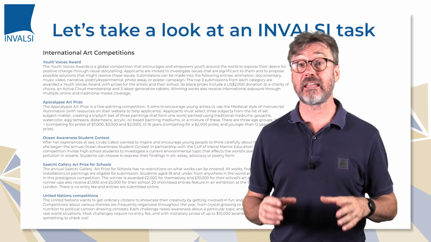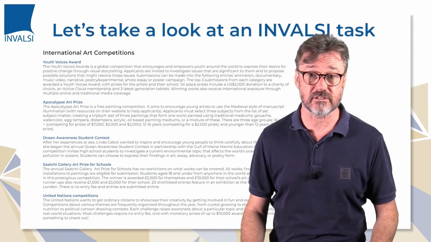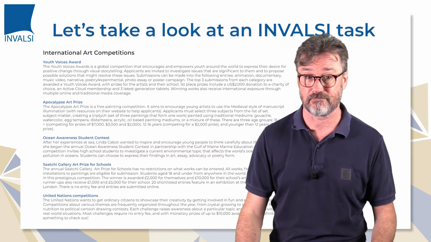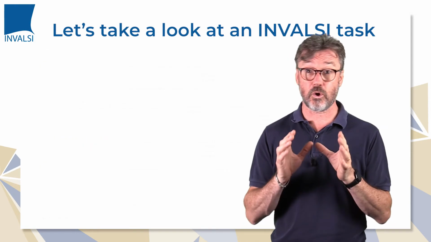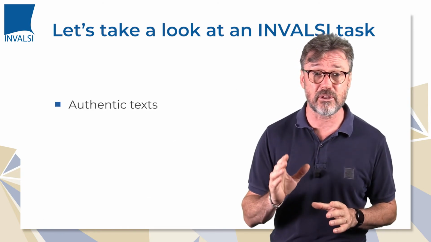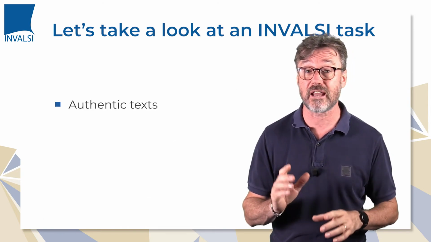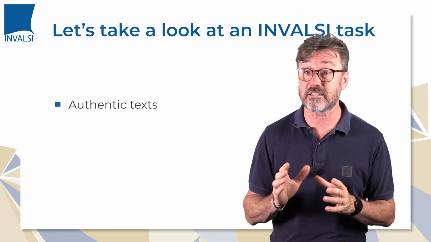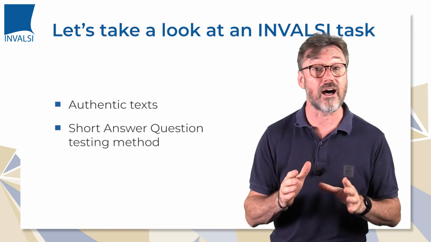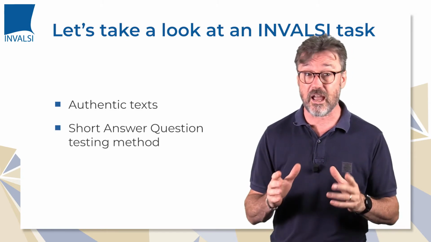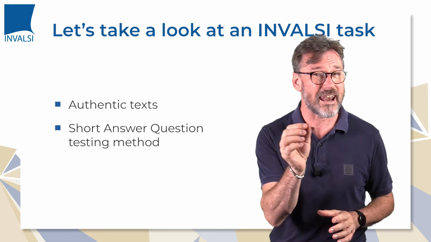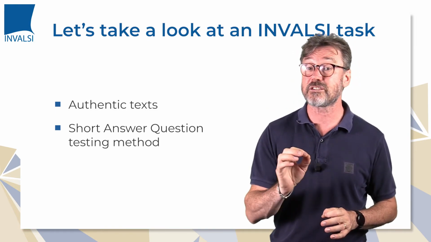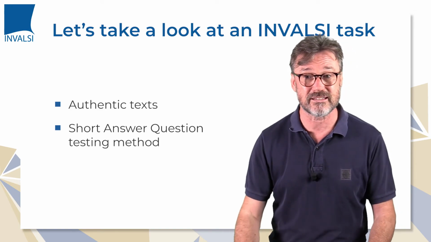The text International Art Competitions was used for a reading comprehension task. INVALSI chooses authentic texts as stimulus for reading comprehension activities. The testing method which was used in this task is short answer questions, which encourages the students to read selectively to understand the specific information and supporting details expressed in a text.